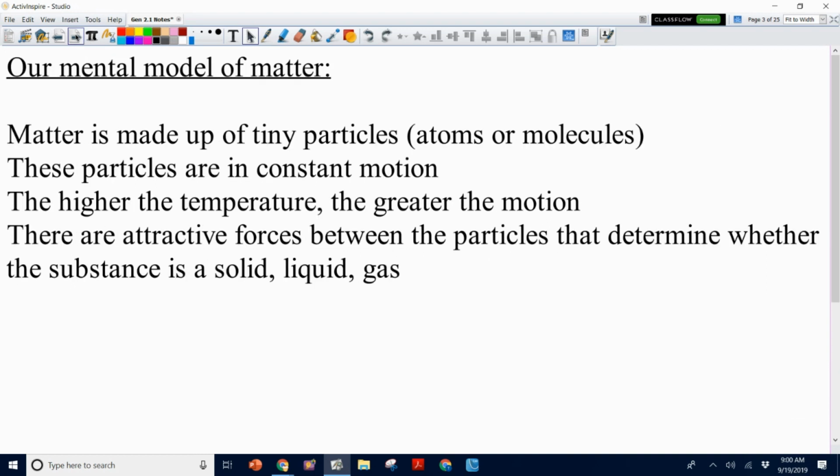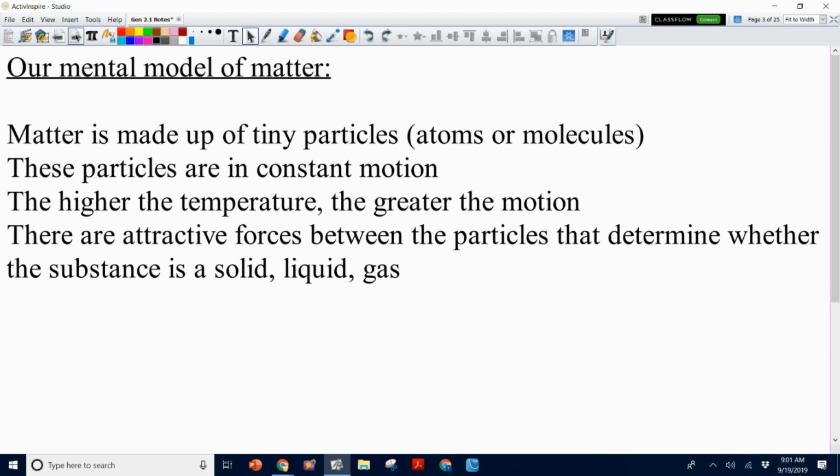So let's get started. First, let's talk about our mental model of matter. Matter is made up of tiny little particles called atoms or molecules, and these particles are always in constant motion. We talked about the Kelvin scale, and you may have heard the term absolute zero.